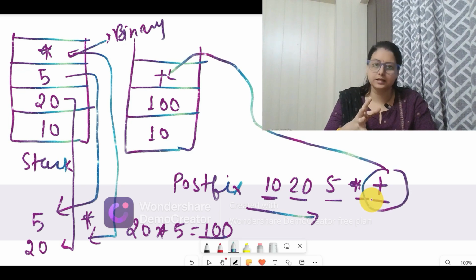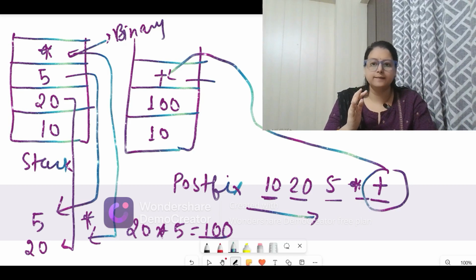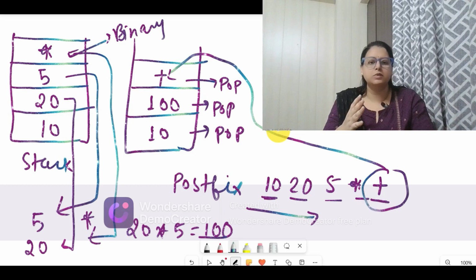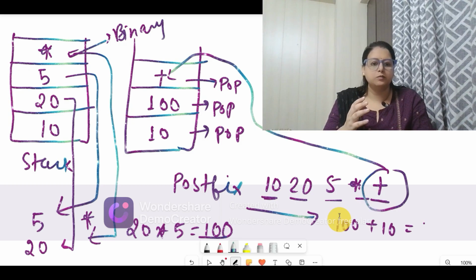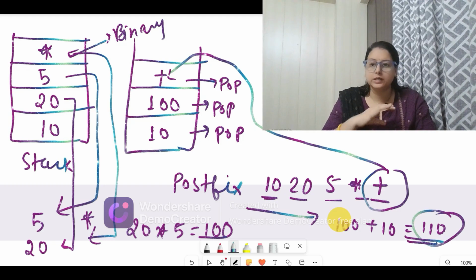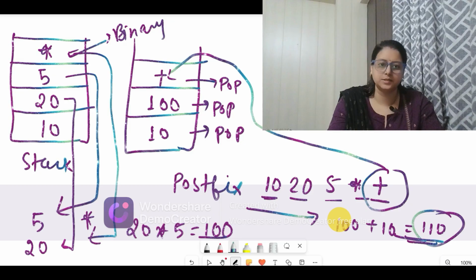Again one operator is encountered, so it will be popped, and the recent 2 elements will also be popped. All three will be popped and the evaluation will be done. So what is the evaluation? 100 plus 10, and it will be 110, and this is our resultant element. And when we evaluate the same expression the infix way, the result is the same.